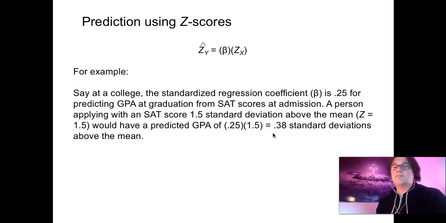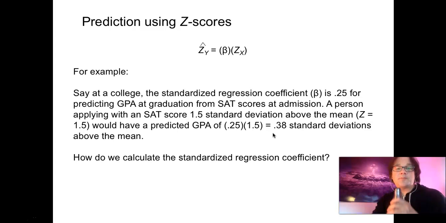That's not even half a standard deviation, so it's not that impressive. But it shows that SAT scores might have some value in predicting GPA, even though it's saying there'll be 0.38 standard deviations above the mean.